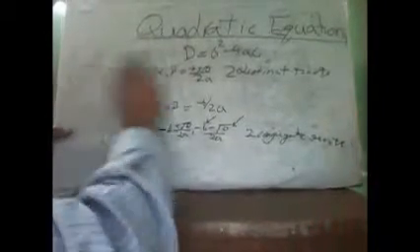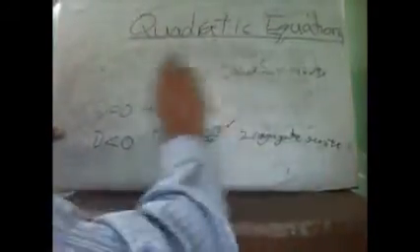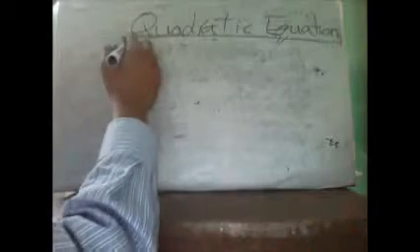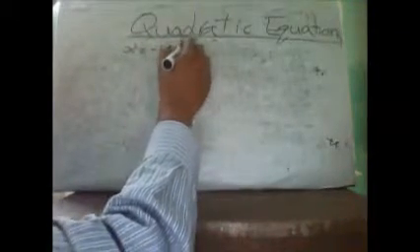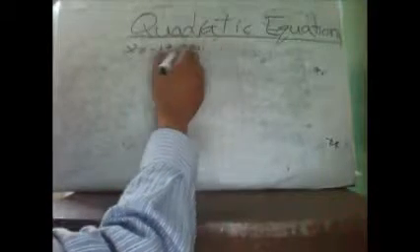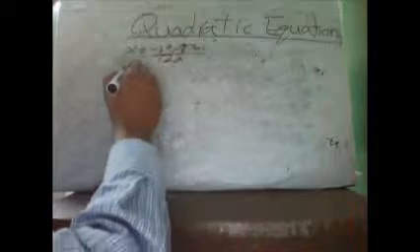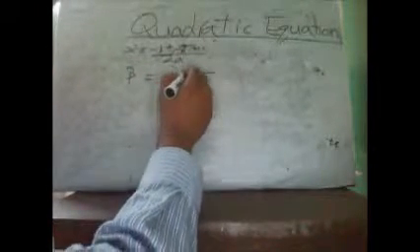Now we are going to verify one result which we found out earlier. We have alpha is equal to minus b plus root b square minus 4ac upon 2a, and beta is equal to minus b minus root b square minus 4ac upon 2a.